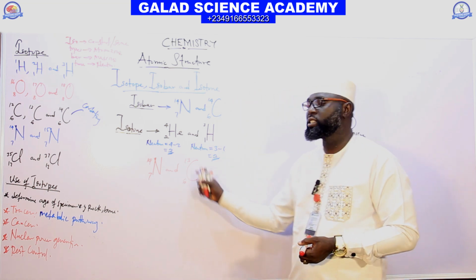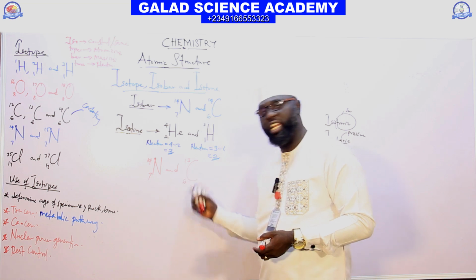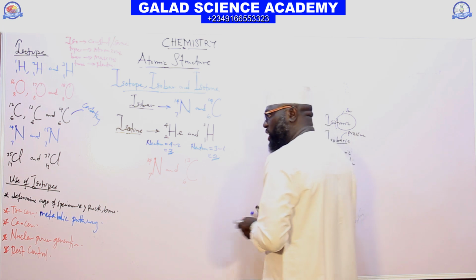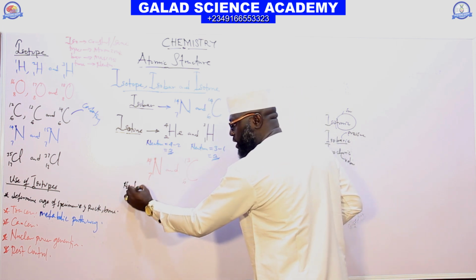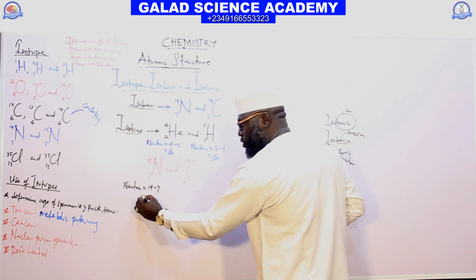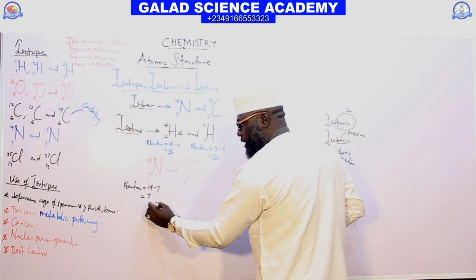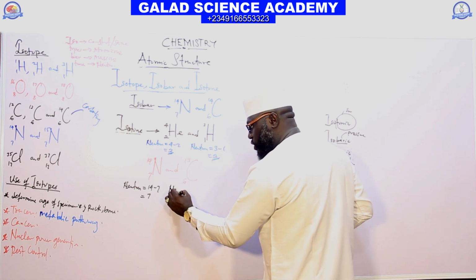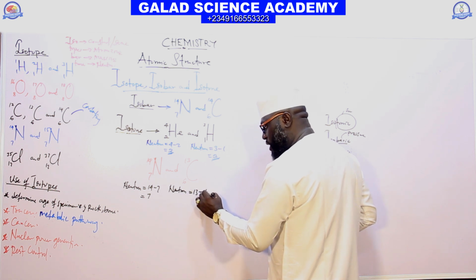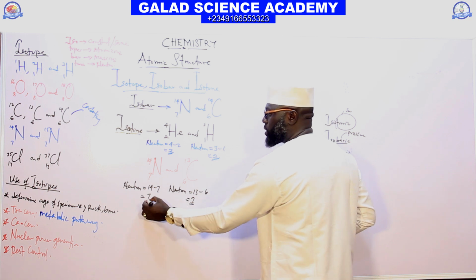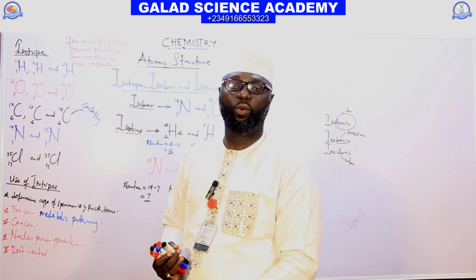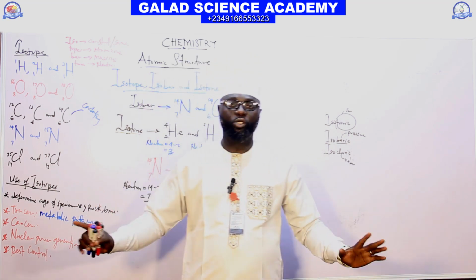Their mass numbers are different, atomic numbers are different, so you find the neutron number by subtracting. We have 14 minus 7, which gives us 7. Here, the neutron number is 13 minus 6, which gives us 7. That is all about isotope, isotone, and isobar.